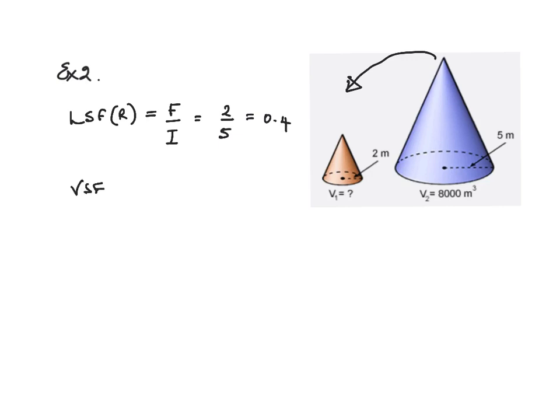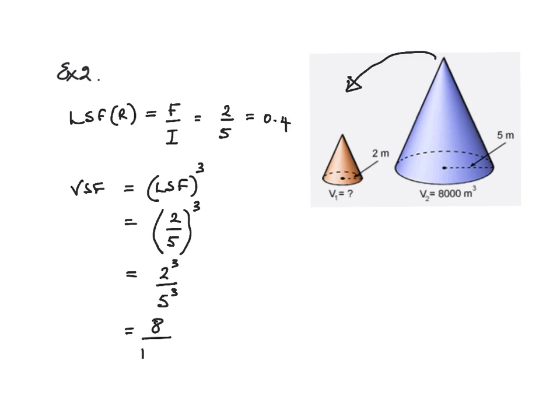The volume scale factor is the length scale factor cubed. I'm going to use the fraction. Now, 2 cubed is, so we cube both parts, the top part and the bottom part, the numerator and the denominator. 2 cubed is 8, and 5 cubed is 125.